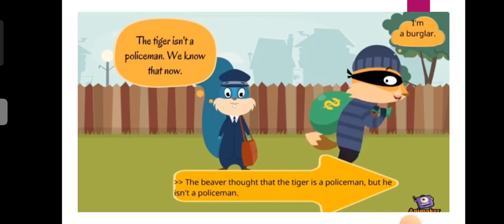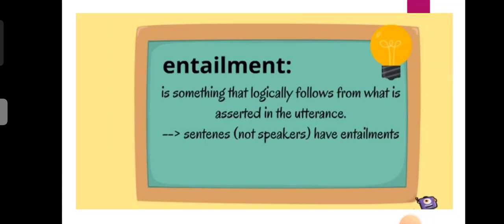Before we continue, I have to explain what I mean by entailment. Entailment is something that logically follows from what is asserted in the utterance. So sentences, not speakers, have entailments.